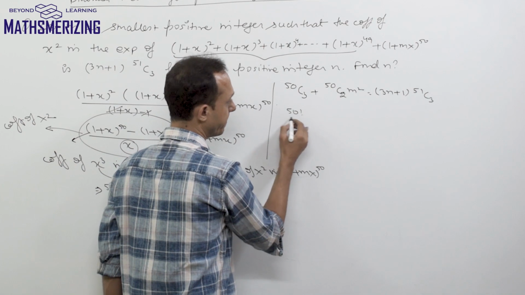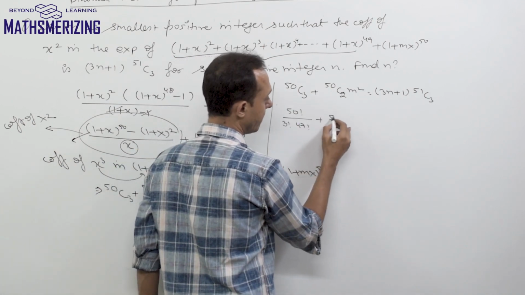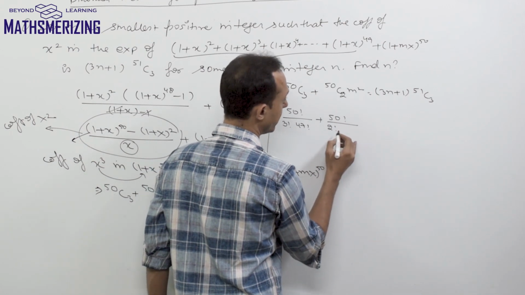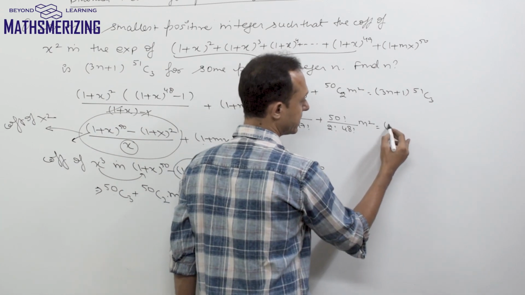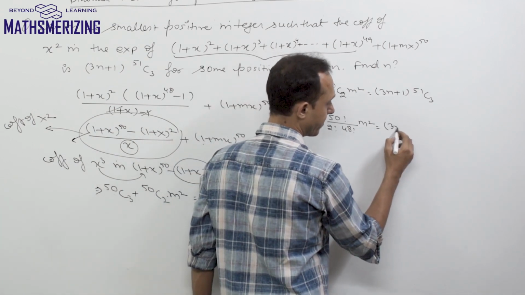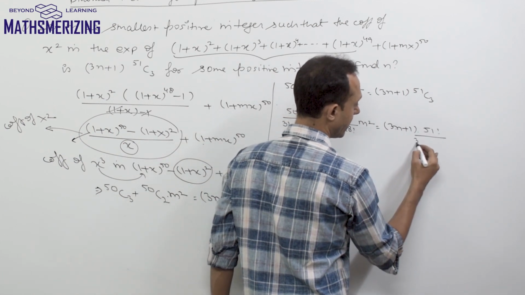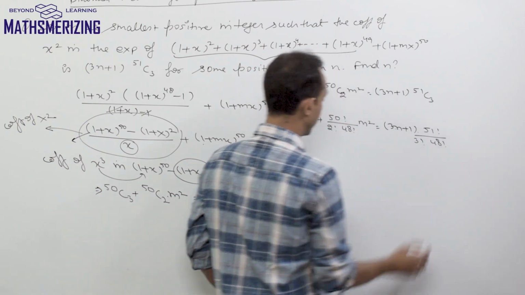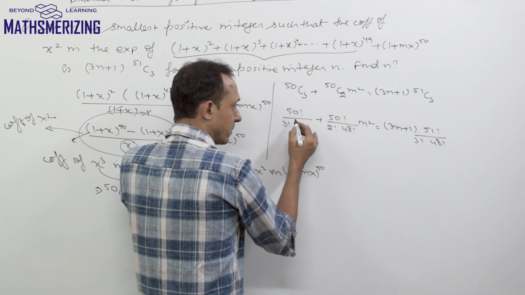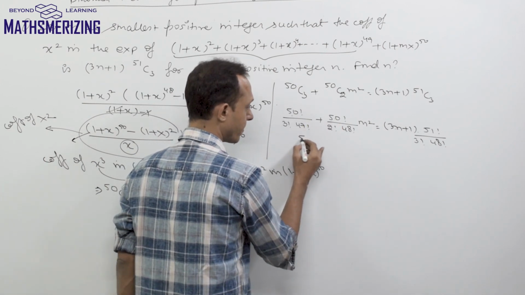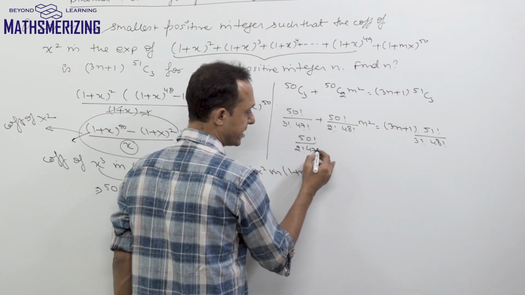I'll convert these binomial coefficients into factorials. So this is 50! over 3! 47!, plus 50! over 2! 48! times m^2, and this is (3n plus 1) into 51! over 3! 48!. Now I'll take 50! common, I'll also take 2! common, and I'll also take 47! common.